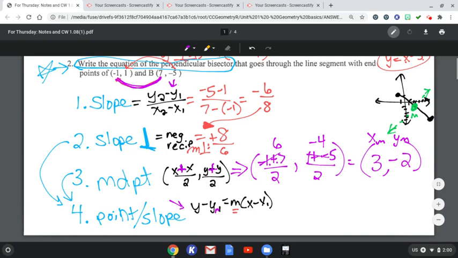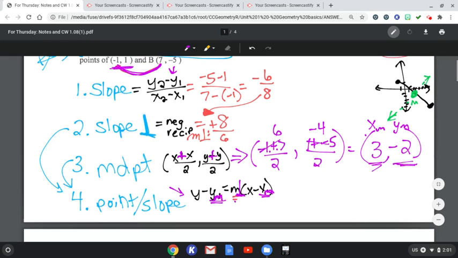So really down here, this x1, y1 isn't from my original point. We're using the midpoint ordered pair there. So I just changed this to say y minus y sub m, which is your y value of the midpoint, equals the slope perpendicular times x minus the x value of your midpoint, which is going to be our 3.